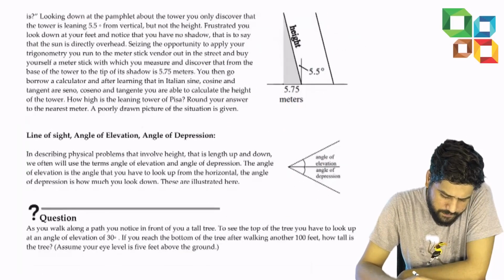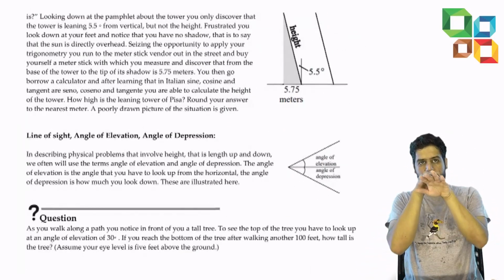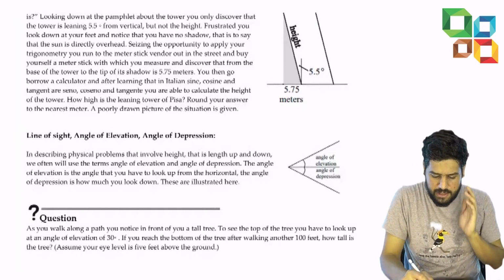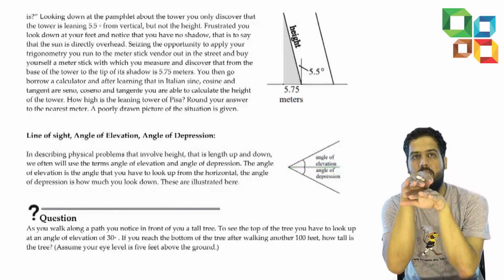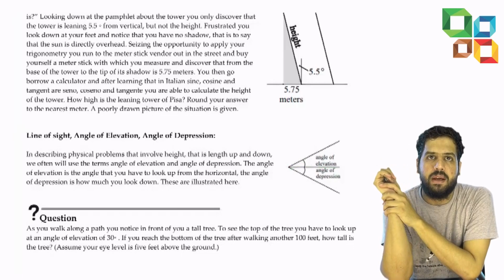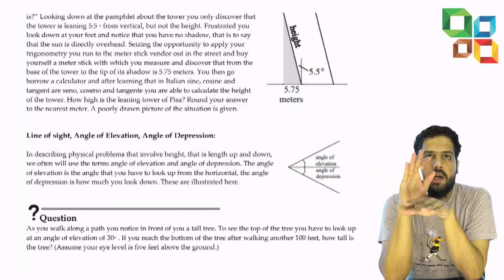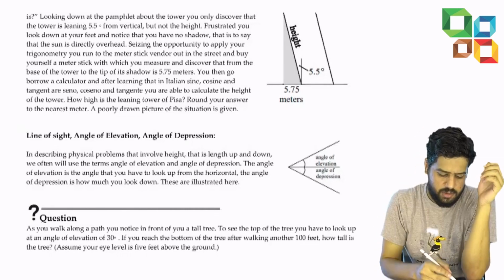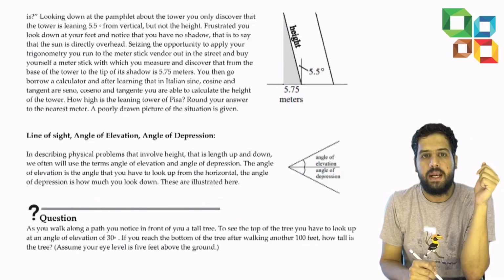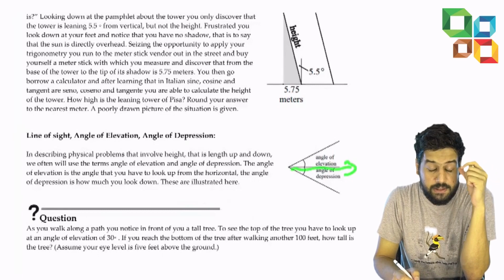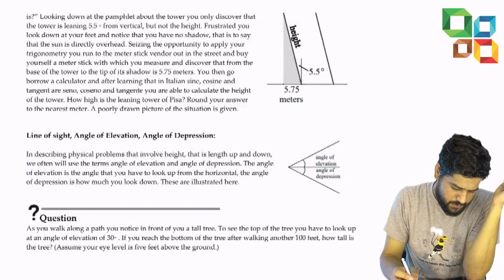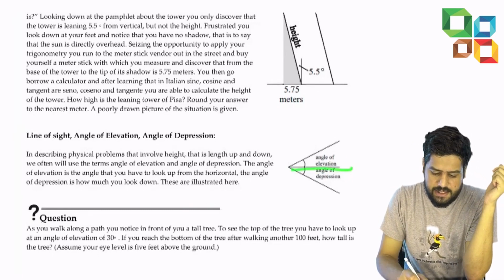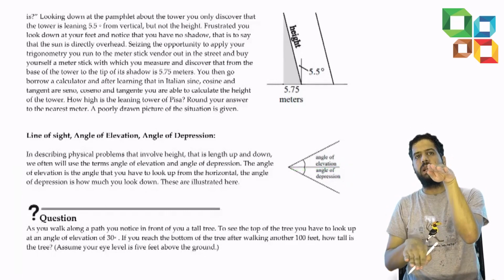So basically, whenever you're making a measurement of angle, you will do it relative to some line, right? Relative to some ray. That ray is called your line of sight. This ray is basically parallel to the ground.